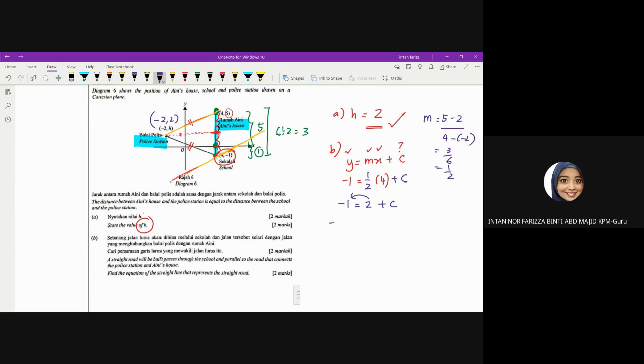Bring over: -1 minus 2, so c is -3. Now we know m and c, so let's find the equation: y equals 1 over 2 x minus 3. This will be your final answer.